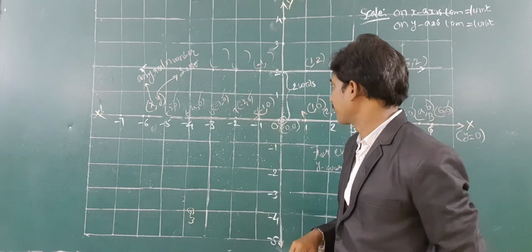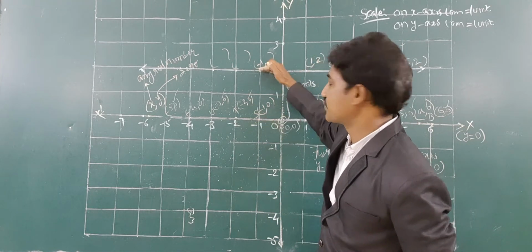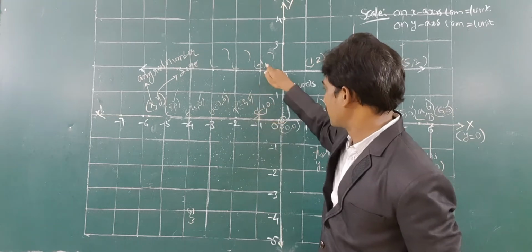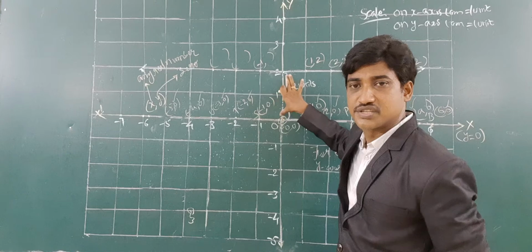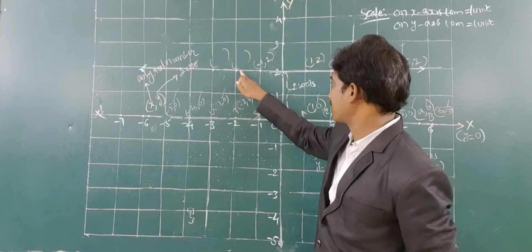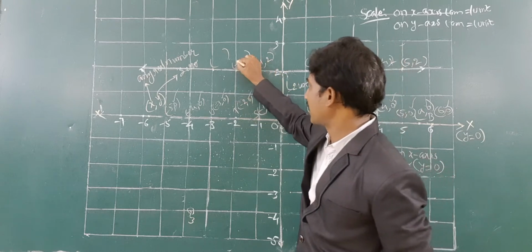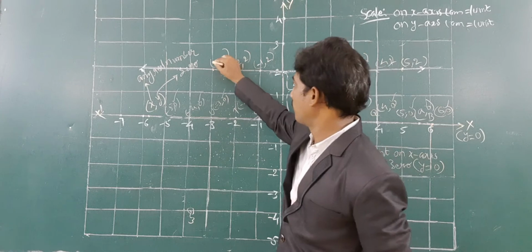The x-coordinate is -1. What is the y-coordinate? The perpendicular distance from the x-axis to a point is the y-coordinate, so here we have 2 units. So (-1, 2). In the same way, the x-coordinate is -2, the y-coordinate is 2, (-2, 2). The x-coordinate is -3, the y-coordinate is 2, (-3, 2).